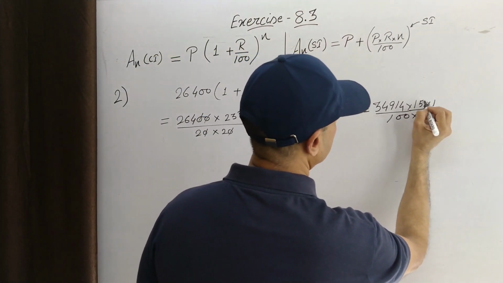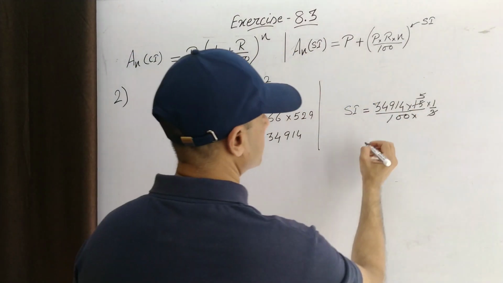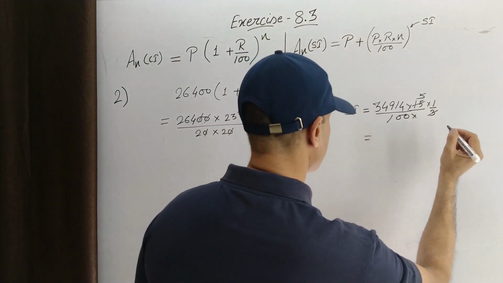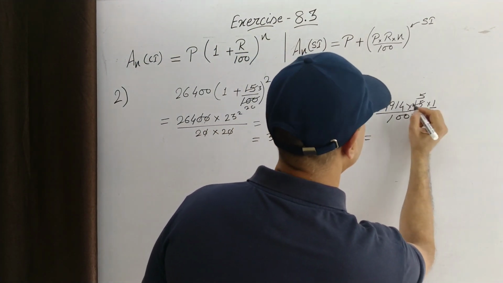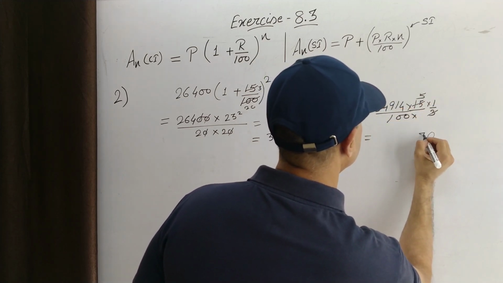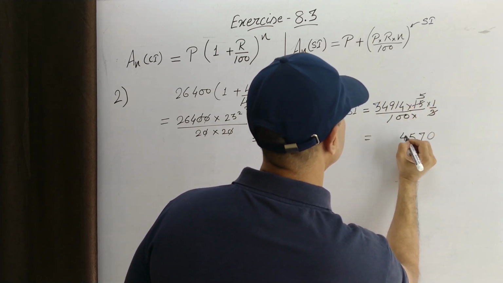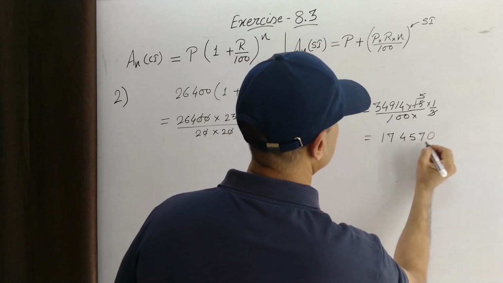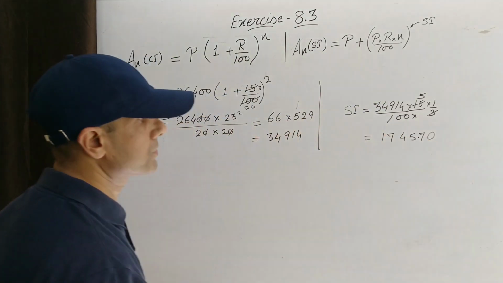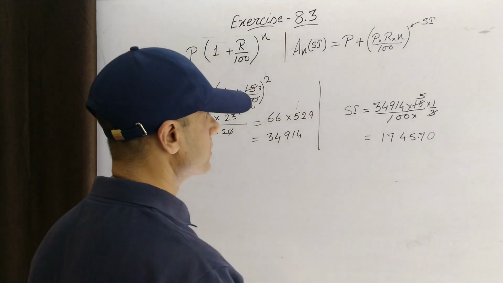So we get it as 5, so we have this divided by 100. So this is the simple interest on this amount for 4 months.